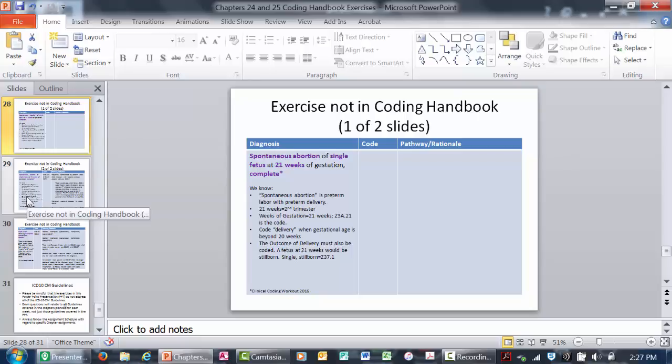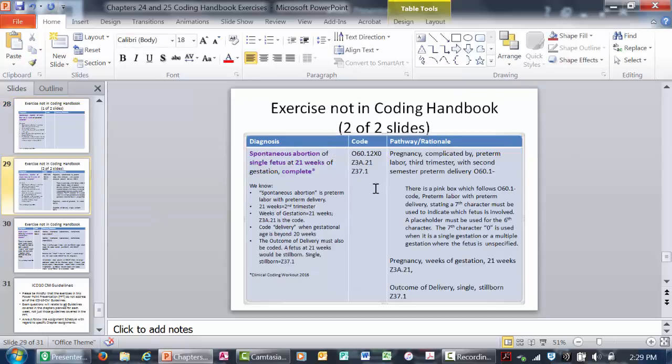So here is the pathway for the preterm labor with delivery, the weeks of gestation, and the outcome. I just make a little note here about Clinical Coding Workout 2016. That's where I've got this particular exercise from.